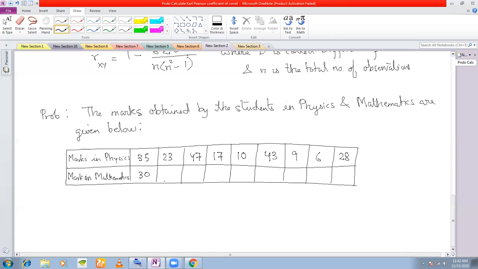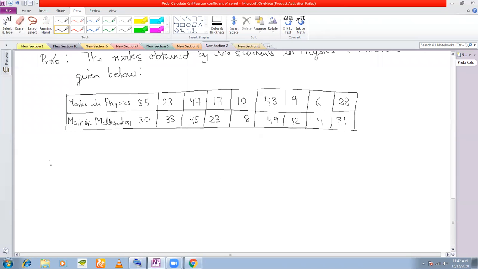These are the marks in mathematics. Now if you see how many observations are there, there are 9 observations. If you count 1, 2, 3, 4, 5, 6, 7, 8, 9 observations are there. So the value of n in this formula is 9. So here n is equal to 9.